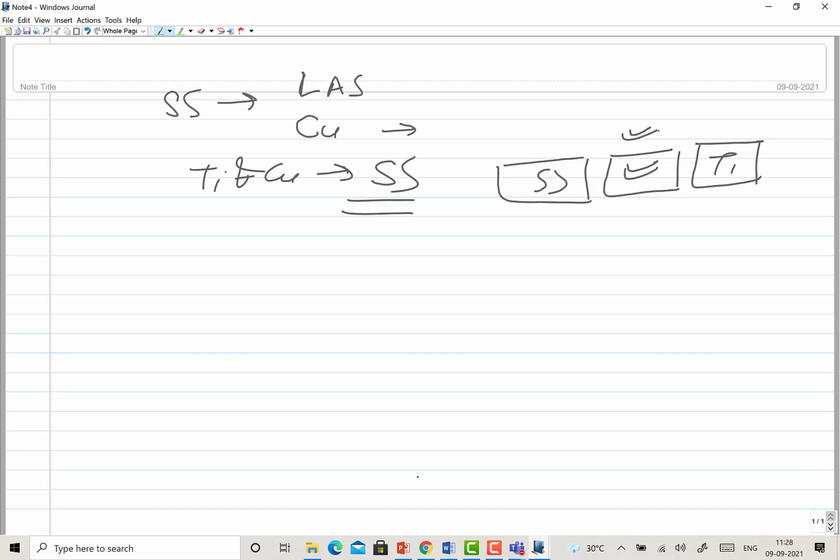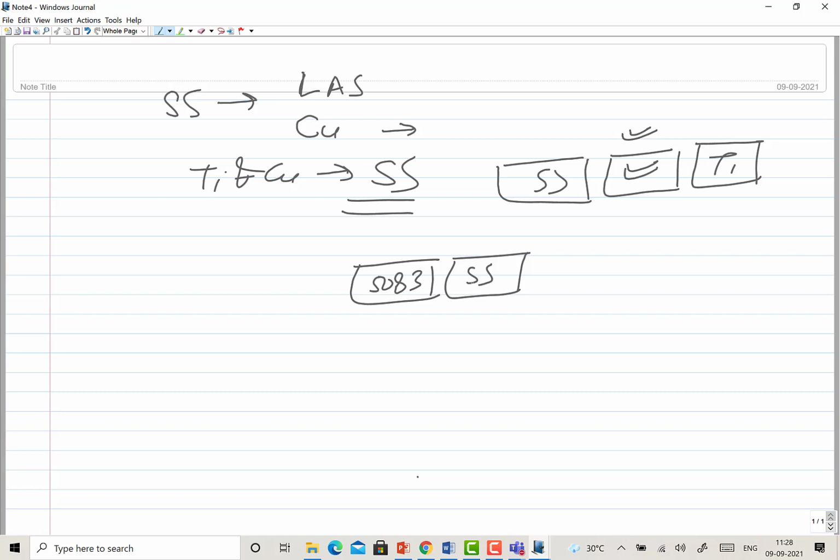Okay, so the next is just an example I'll give you, say aluminum. It is an aluminum magnesium alloy, that is aluminum 5083 alloy. If it is to be welded with stainless steel, direct welding with austenitic stainless steel may be problematic. So what we do, basically, we bring in an interlayer in between.